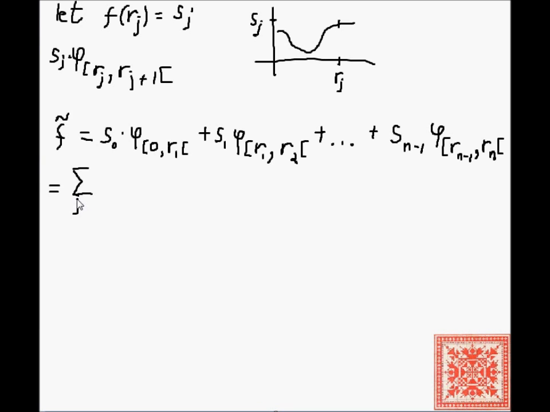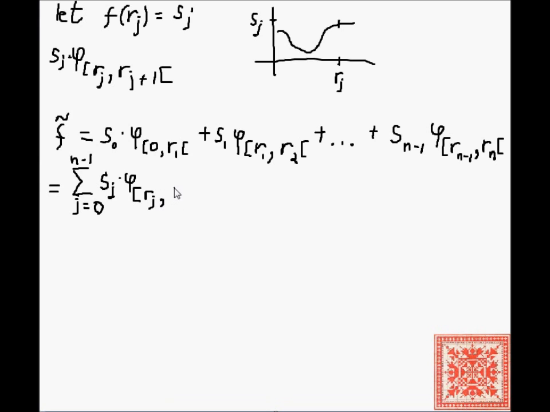So this can be represented as a sum from j equals 0 to n minus 1 of s sub j times the unit step function on the corresponding interval from r sub j included to r sub j plus 1 excluded.